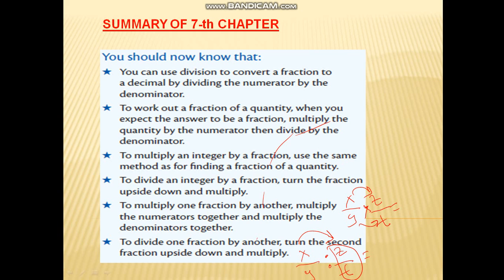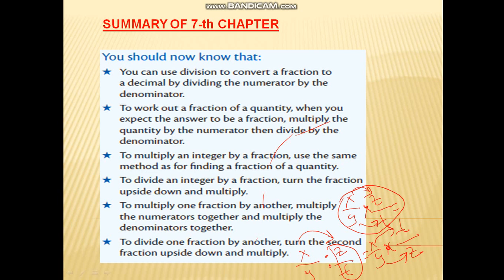The first value stays the same, x over y, and the sign changes to multiply, times t over z. After that, you can follow this way: x times t on top, and y times z on the bottom.